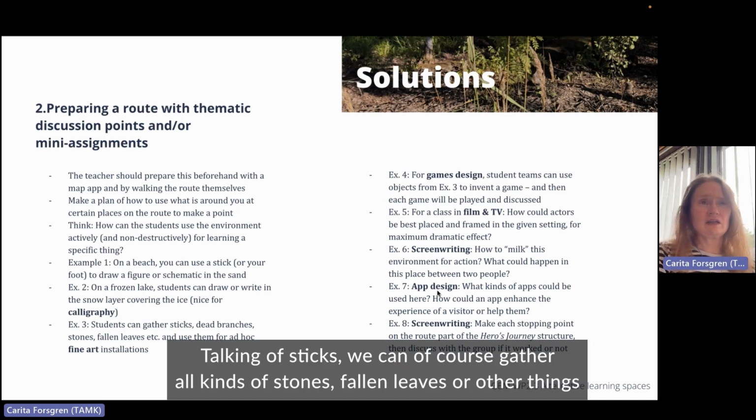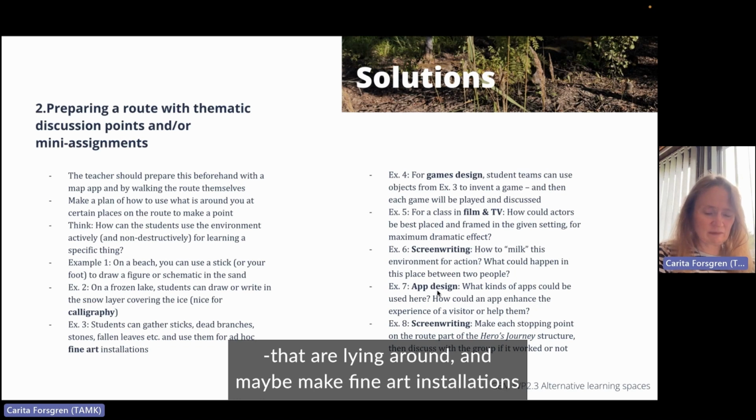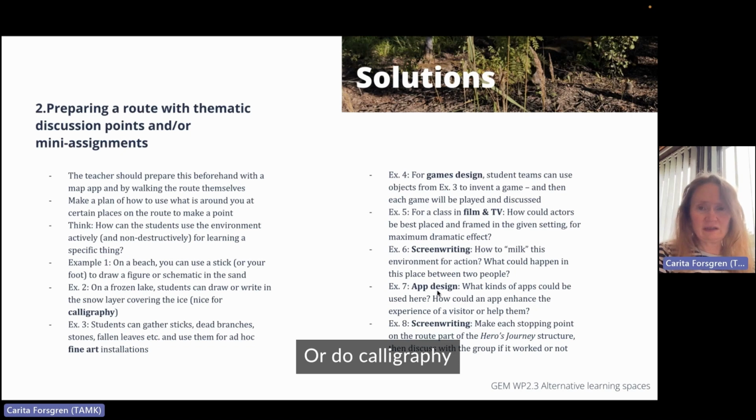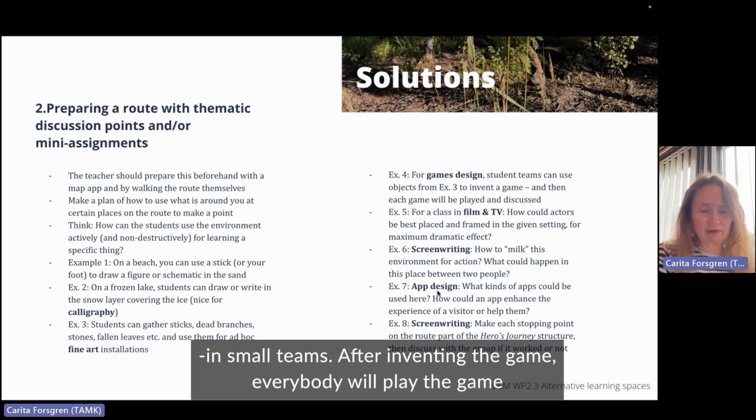And talking of sticks, we can gather all kinds of stones or fallen leaves or other things that are lying around, and then make maybe fine art installations or draw calligraphy.